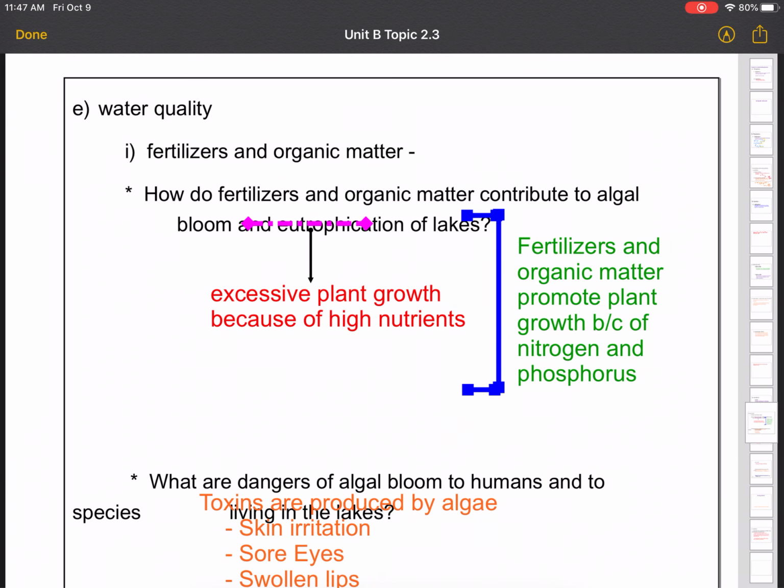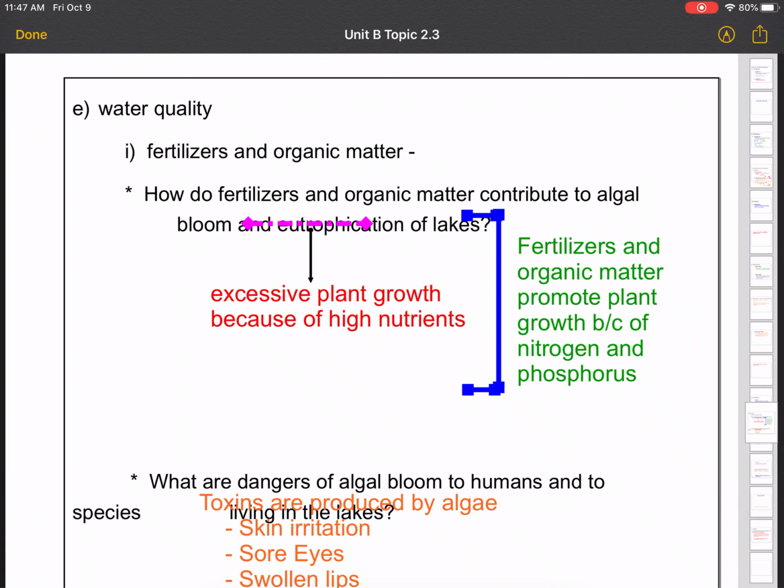Water quality. So fertilizers and organic matter, how do they affect water quality? Well, they contribute to algal blooms and eutrophication of lakes. This can have excessive plant growth because of higher nutrients. Fertilizers and organic matter promote plant growth because of nitrogen and phosphorus.